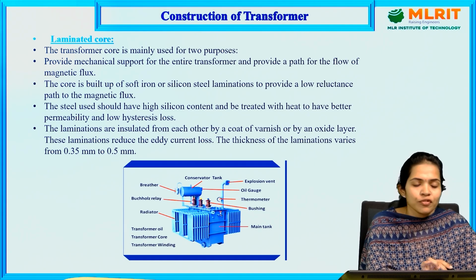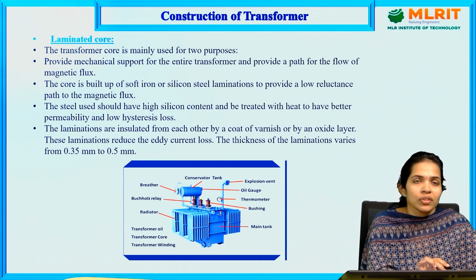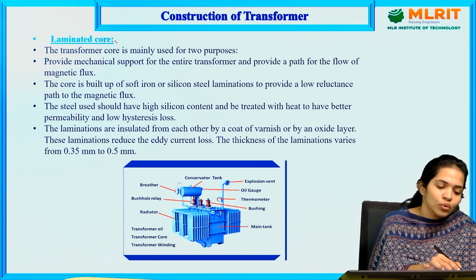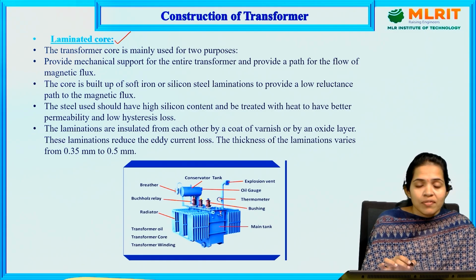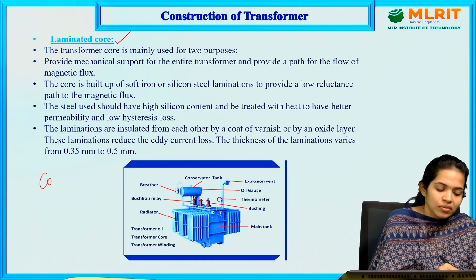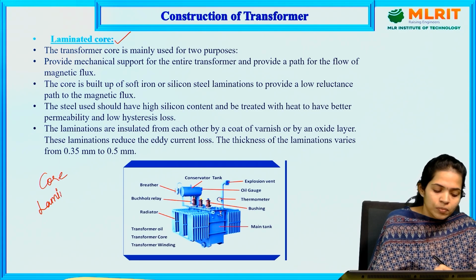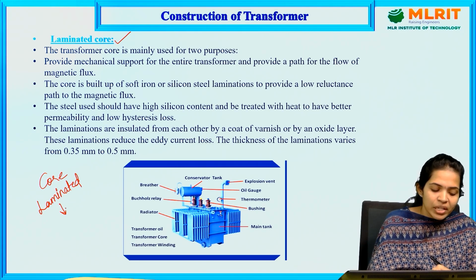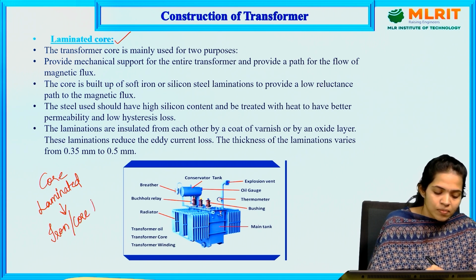So the first and foremost constructional feature of the transformer is the laminated core. The name itself indicates that the core is laminated. The reason for lamination is to reduce the iron or core losses.